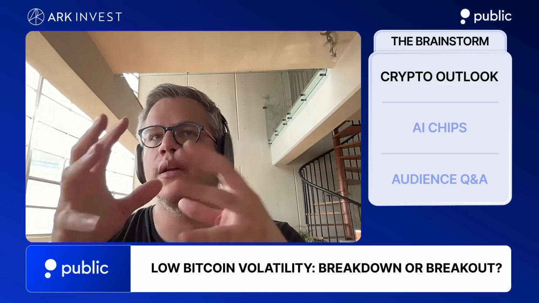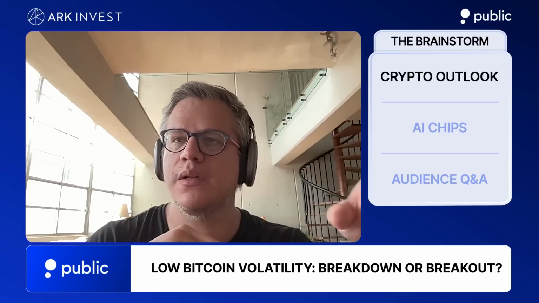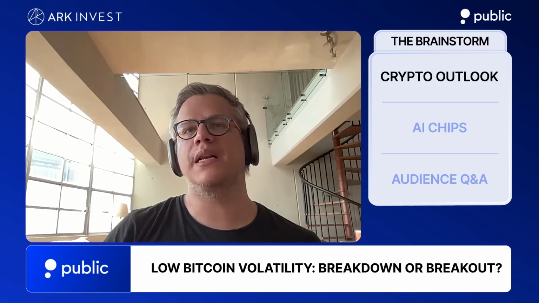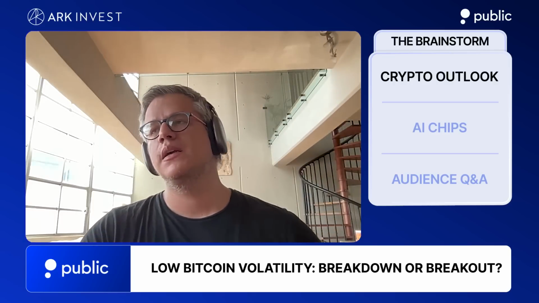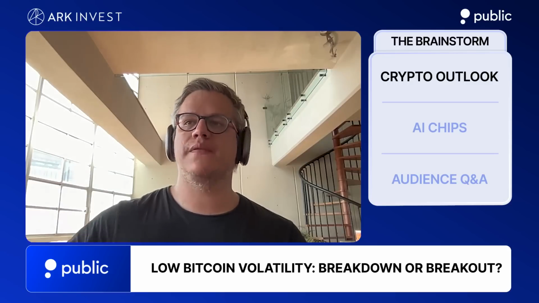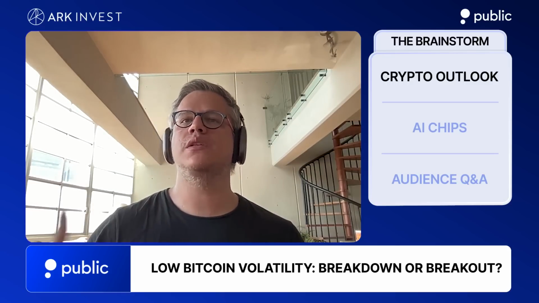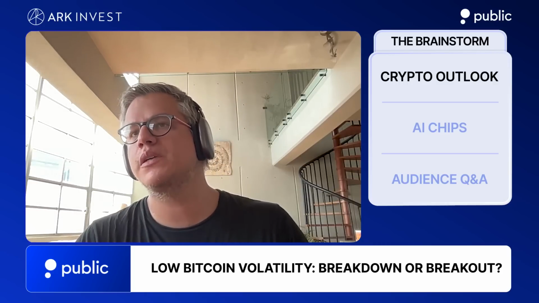So you can have the best of both worlds with a strong holder base using Bitcoin for store of value, therefore limiting the available supply of the asset in the market. And on the other hand, a lot of activity on chain with the remaining coins being traded widely. That's usually the most bullish scenario.